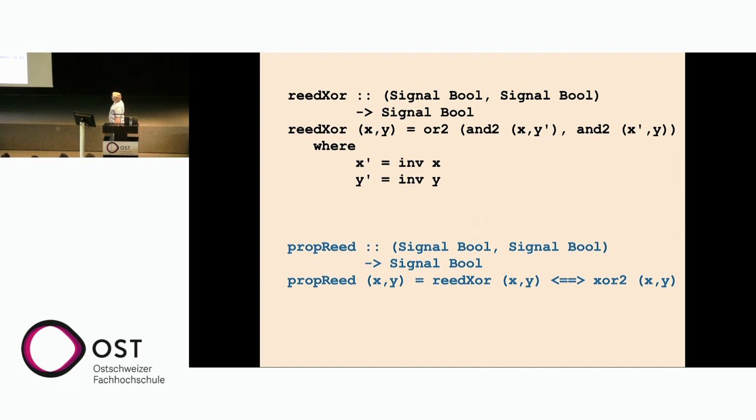So we have now a Reid exclusive OR. It's going to be a function which takes a signal, similar to the stream that you had yesterday from Ivan. It's going to take a pair of signal bools and it's going to produce a signal bool. And I've written down for each gate in the picture a call of the relevant gate.